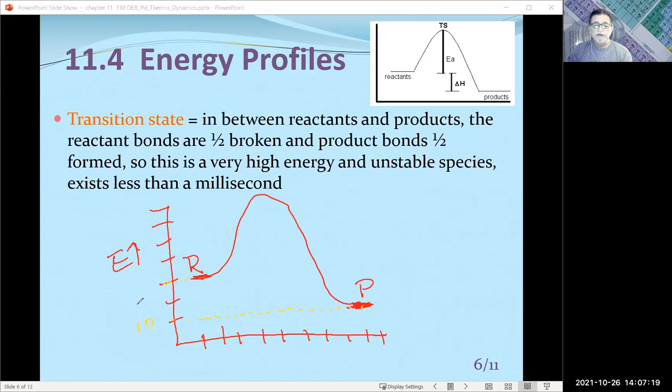Let's say this is 10 units, then 20, 30, and 40 units of energy, etc. So you can see that the reactant started off with about 30 units of energy. I'm just going to call it 30E. And the products ended up with 10E, 10 units of energy.